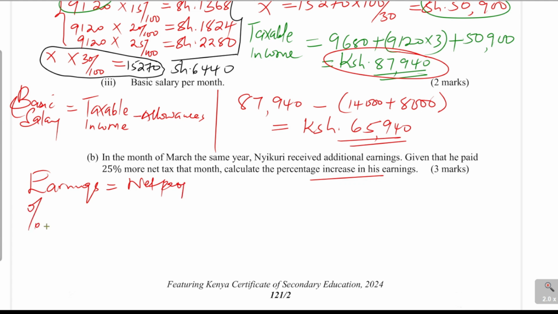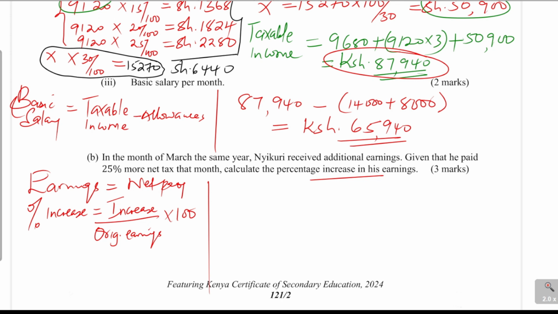And how do you get the percentage increase? You're going to get the increase in the earnings divided by the original earnings, multiplied by 100. So we need to get the original earnings first, and then we get the increase.